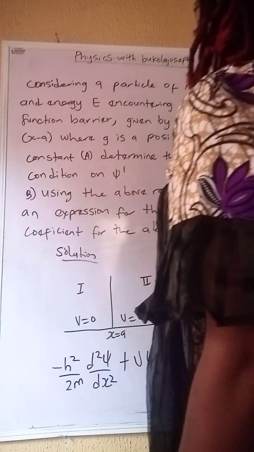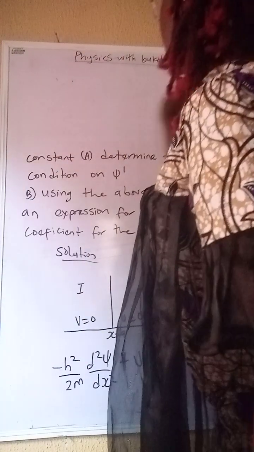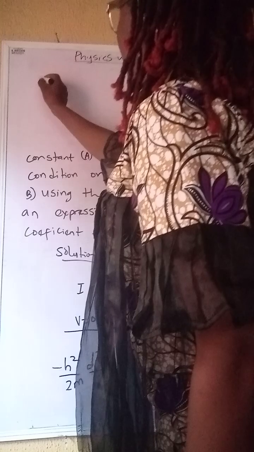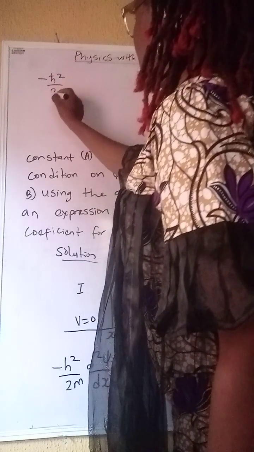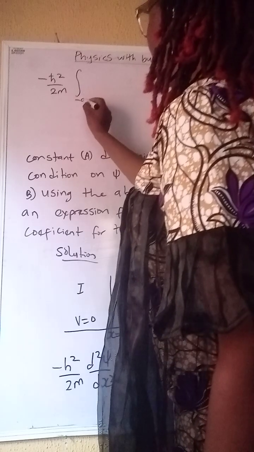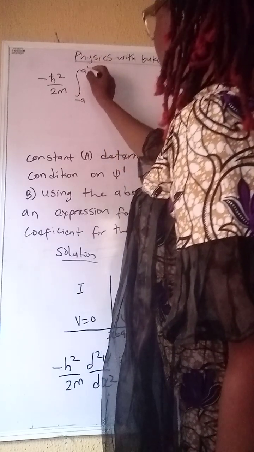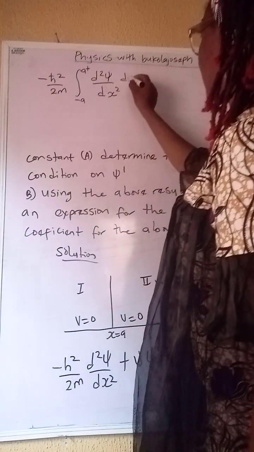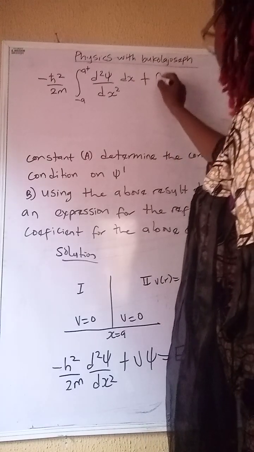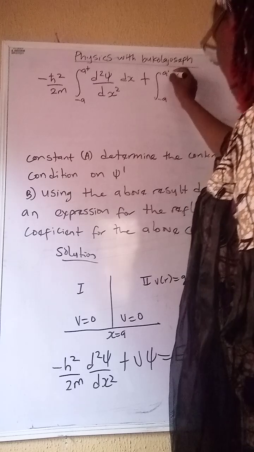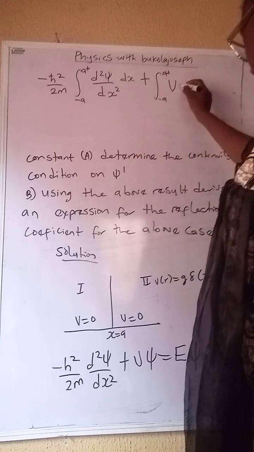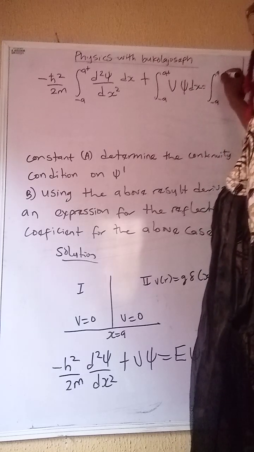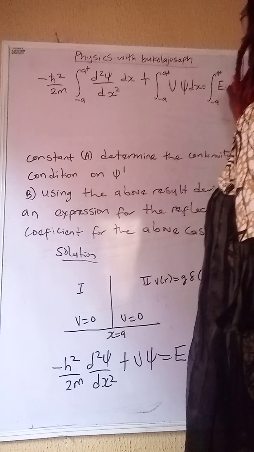So let me wipe the beginning of the question. So if we integrate this, from a point before a, which is minus a, to a point after a, which is plus a, we have the integral of d squared psi over dx squared dx plus the integral of V psi dx is equal to, from minus a to plus a, the integral of E psi dx.